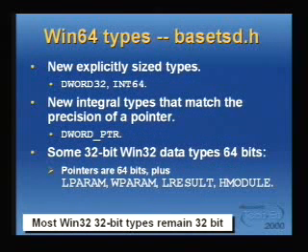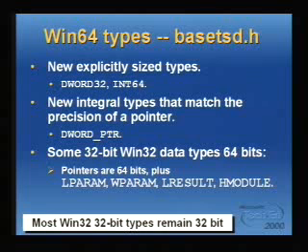There are new types, some of which are specifically 32, some specifically 64, and some of which are polymorphic. They go to the size of a pointer on the machine. Those are all defined in a new header file named basetsd.h.